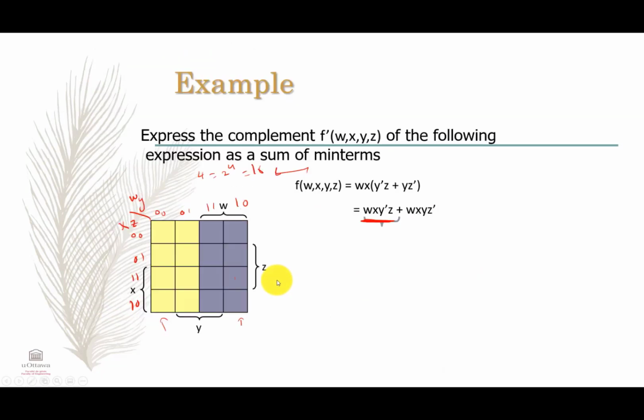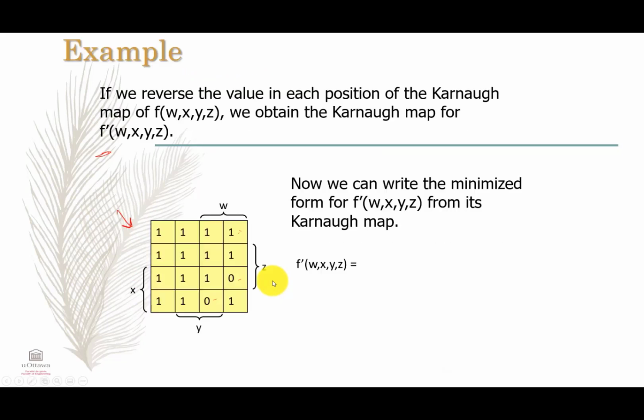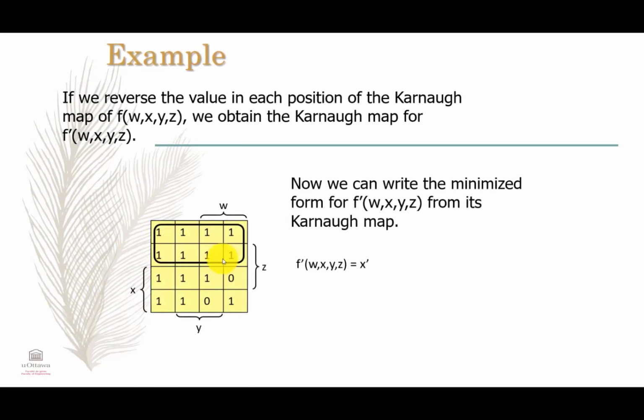However, here we could have grouped all these ones to eliminate even the literals in the term, because at the end we got x prime. So that's not a prime implicant, okay?